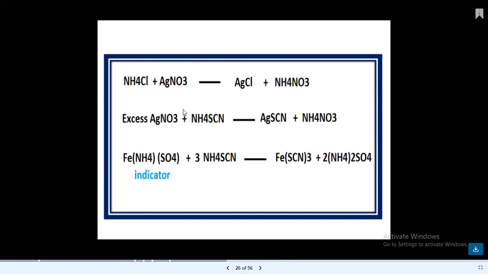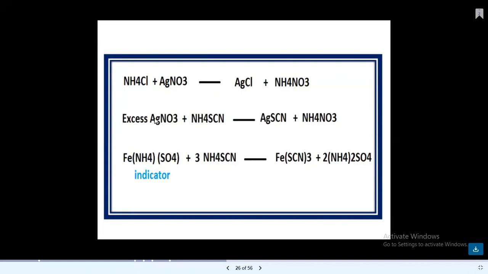The overall reaction is that the chloride forms the silver chloride when it is consumed with silver, and the silver is present in excess amount. How do we find out this excess amount of the silver? We use ammonium thiocyanate or the thiocyanate.